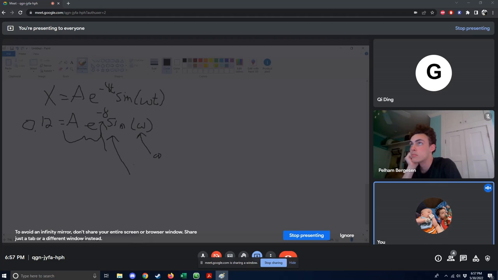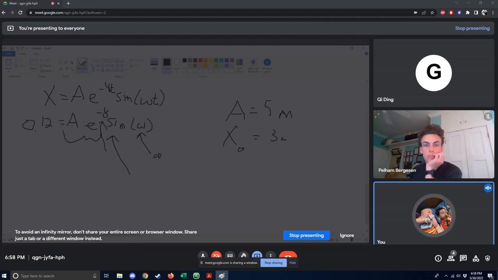If we know our amplitude is 5 meters, but the initial position is 3 meters, then we know there has to be a phase shift, because the only two trig functions we have, sine and cosine, would start at either 0 or 5. Since I'm starting at neither, but somewhere in between, there has to be some sort of phase shift bringing me between there.